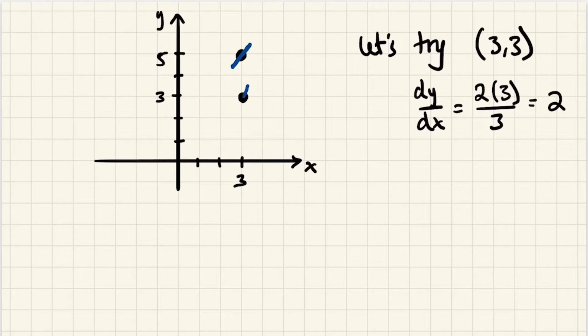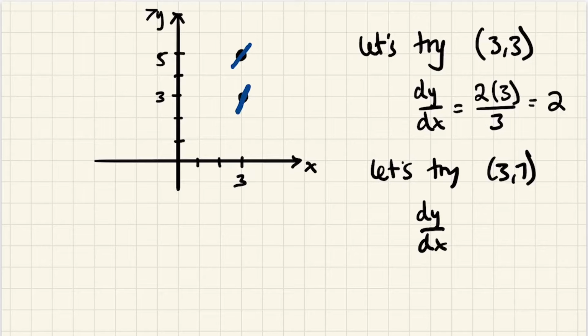So it would be, that's a little bit steeper than the other one, something like that. Okay, let's try 3, 7. So 2 times the x coordinate, 3, divided by 7. That's 6 over 7. That's a little bit less than 1.